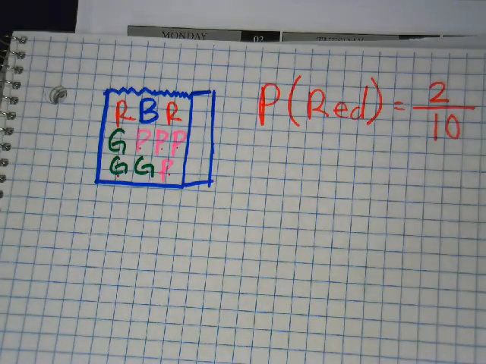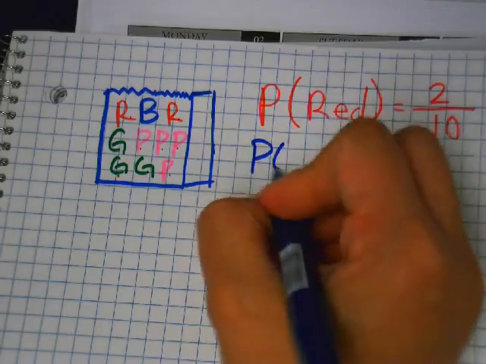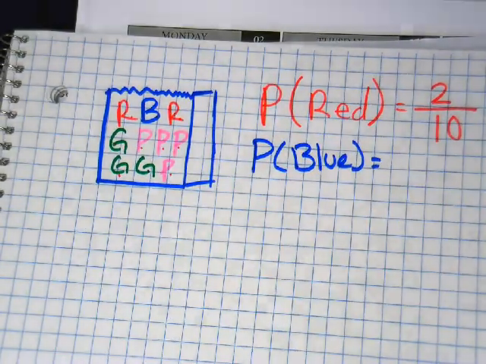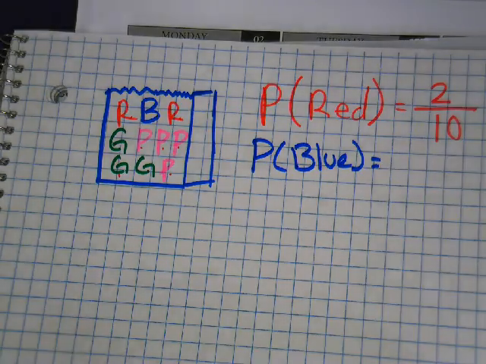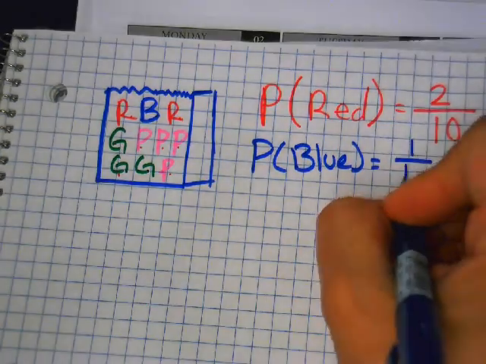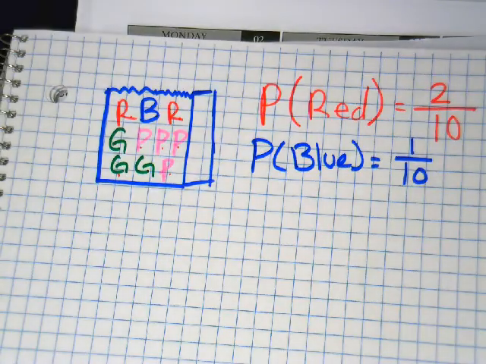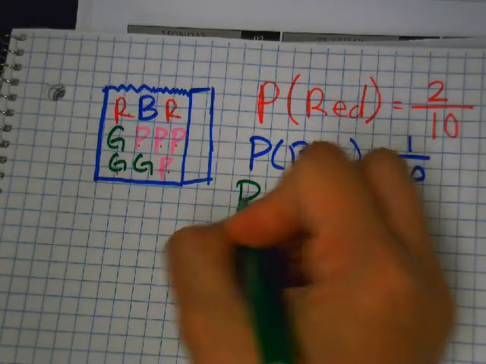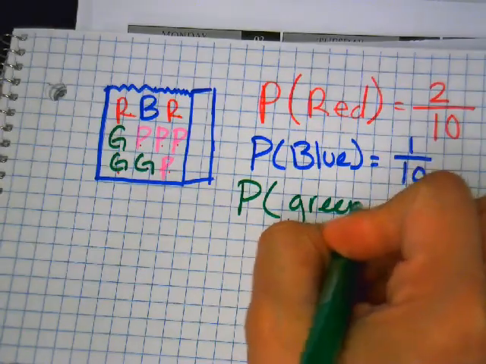Okay. What's the probability of blue? 1. Why is it 1? Because there's only 1. Come on. Seriously. Oh my god. I don't know. I was like, is it me? I'm giving you the same lesson. I don't know. We'll see. What's the probability of green? Okay, not everybody. 3.